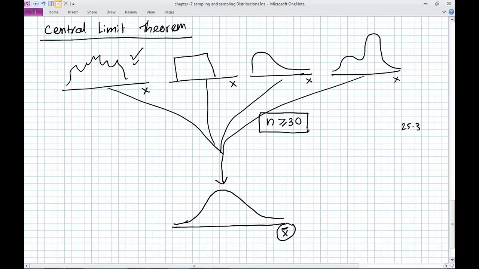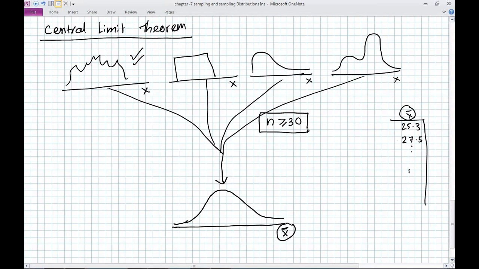From the same distribution, if I again take a sample of 30, I may get a slightly different number because there's no guarantee that every time I will get exactly the same average because the sample elements might change. So this way you can get different x bar values from the same distribution if we repeat the process.